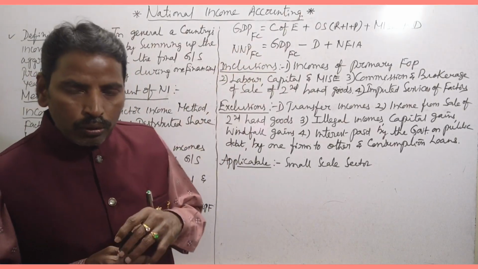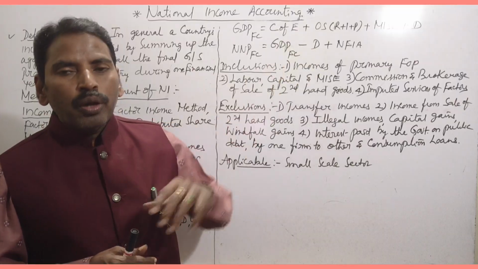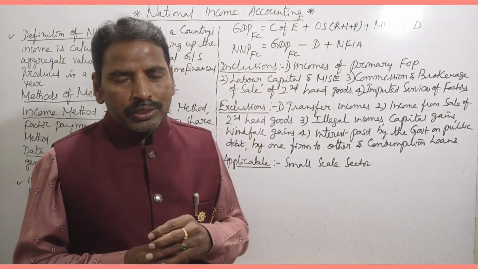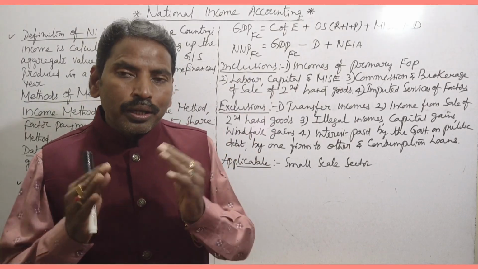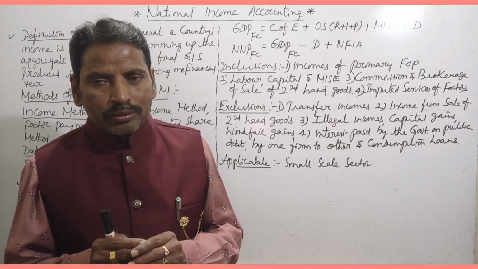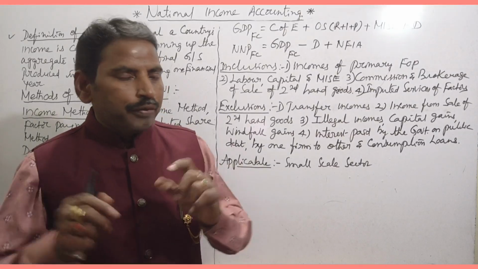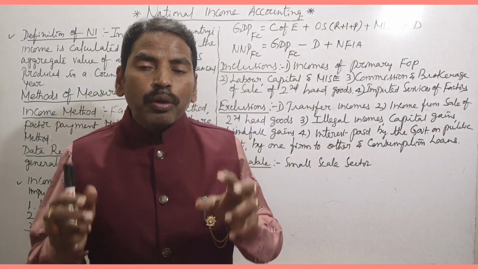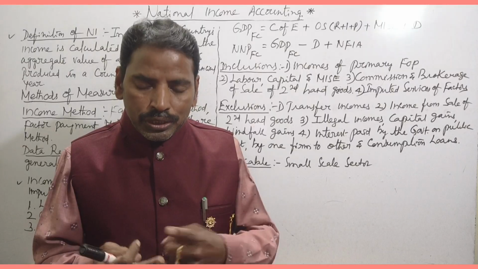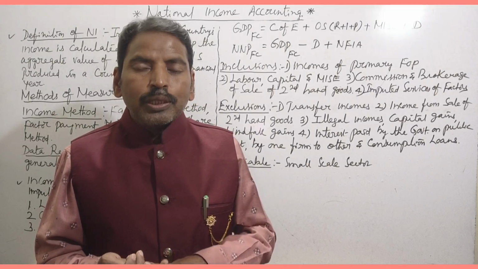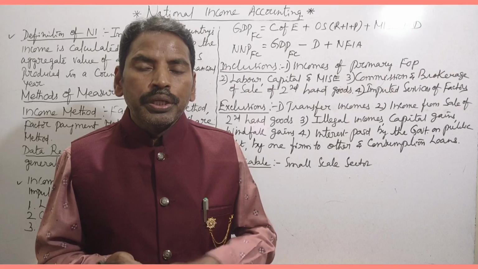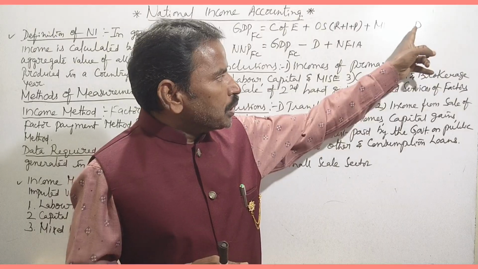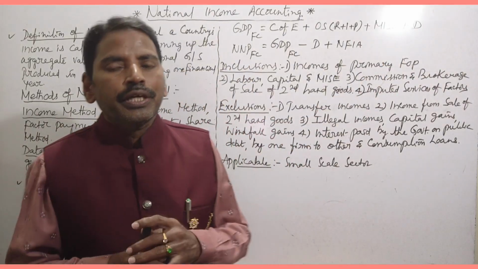GDP factor cost is equal to compensation of employees, that means labor income, plus operating surplus, that means capital income or non-labor income, that is rent, interest, profits, plus mixed income of the self-employed, that is engineers, traders, doctors, or subsistence production and small commodity production in agriculture, trade, transport, etc., plus depreciation, consumption of fixed capital.